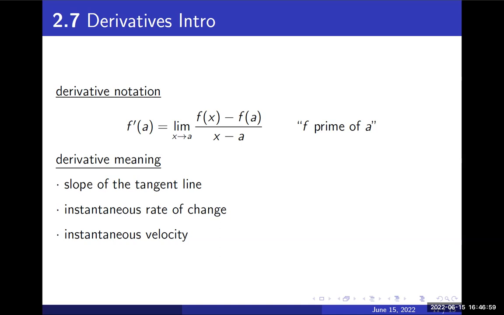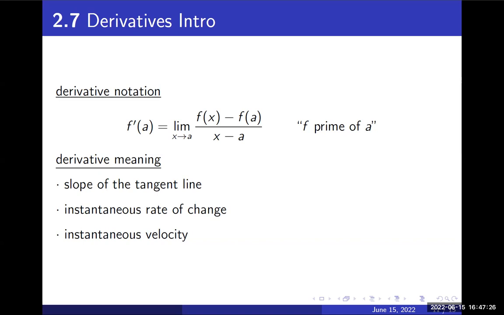So when we say derivative, graphically that means the slope of a tangent line. It also means the instantaneous rate of change, or you might even say the instantaneous velocity, which is really similar to a rate of change, but with velocity we're thinking of something moving through space, where a rate of change might not be anything physically moving.